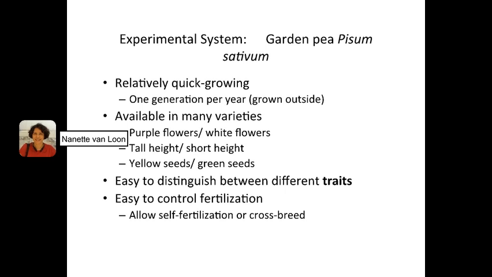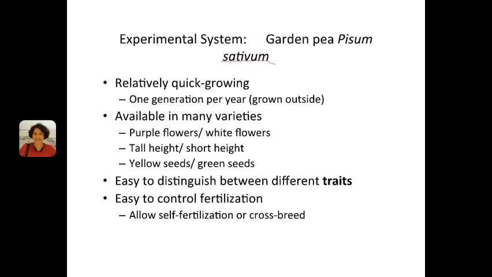Mendel's experimental system was the garden pea. The Latin name is Pisum sativum. And as any model system, it had certain characteristics that made it a very good organism to study in general.